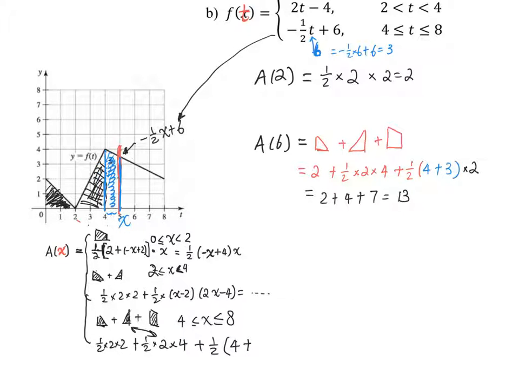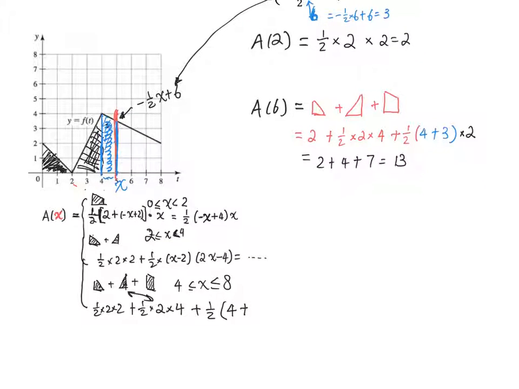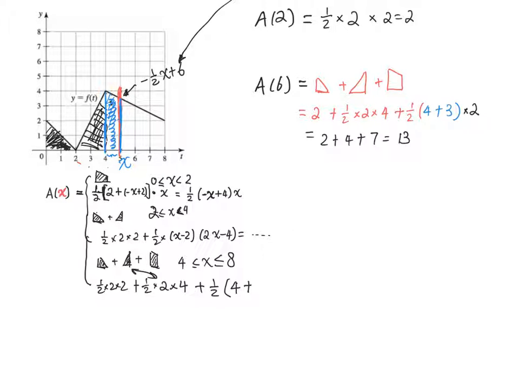It's coming from the third piece defined in the function. So now we are finishing this. So this is 4 plus negative 1/2 of x plus 6 times the height. The height is right here, the distance from 4 to x, which is x minus 4. So again, I'll leave you to simplify this particular expression, but after the simplification, that's the area function. Enjoy.